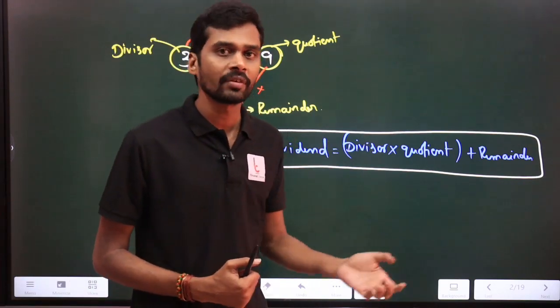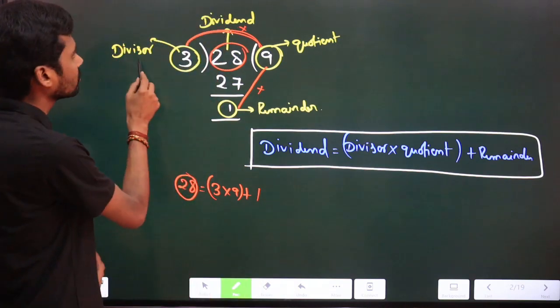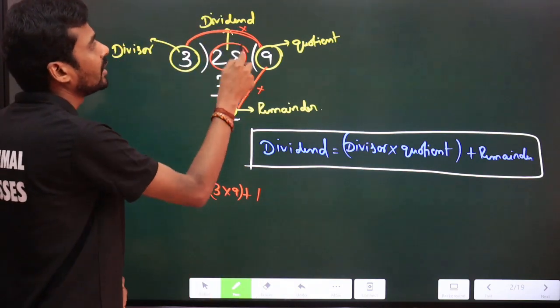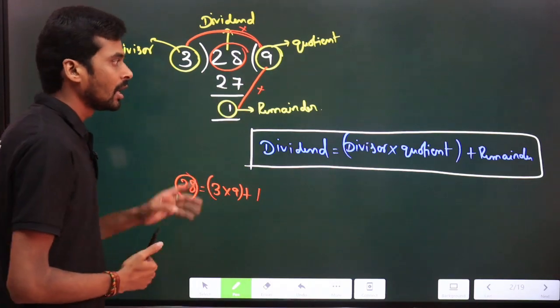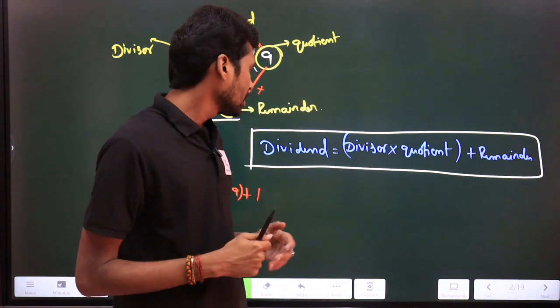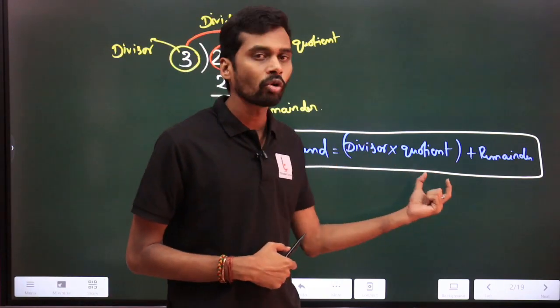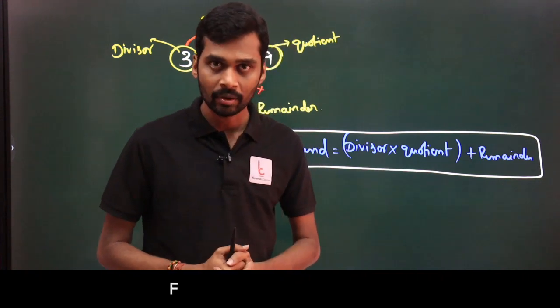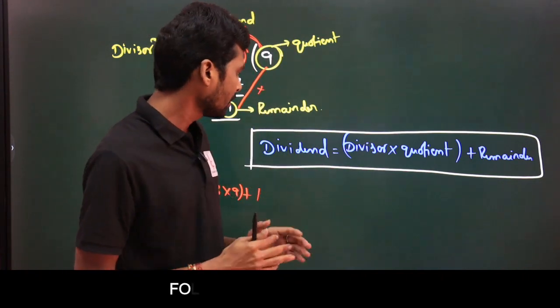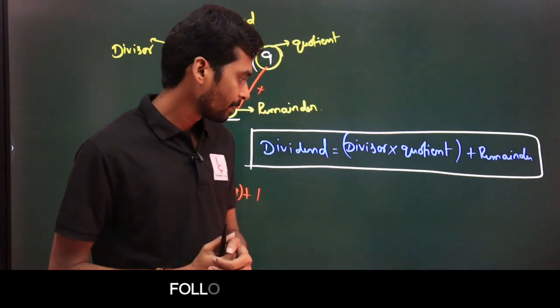So the terms are very important, and you need to remember them. This part is called divisor, this part is dividend, this part is quotient, and the remainder. Okay, so in a normal division, the basic rule is dividend is equal to divisor into quotient plus remainder. Please remember it.